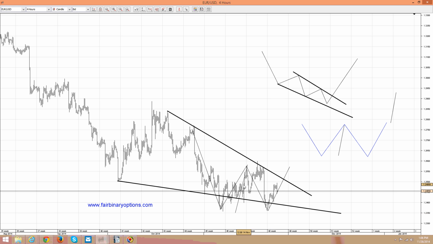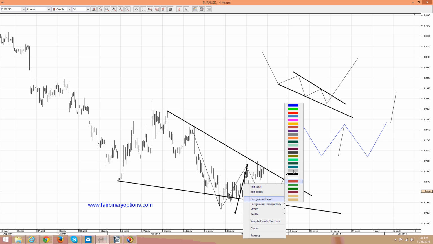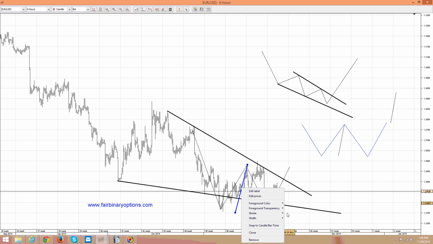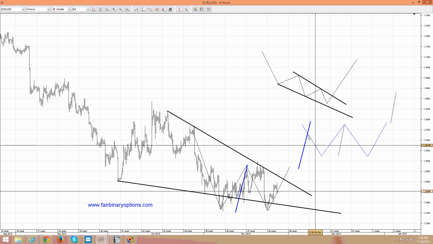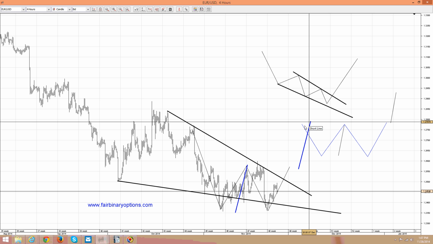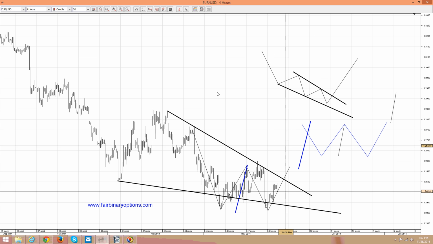From here to here would be the measured move. Let's make it a bit bigger. Let's make it a different color. This should be applied by the moment that the pattern is completed, as it is not completed yet. And it points towards 127 and higher levels, providing 125 is being broken.